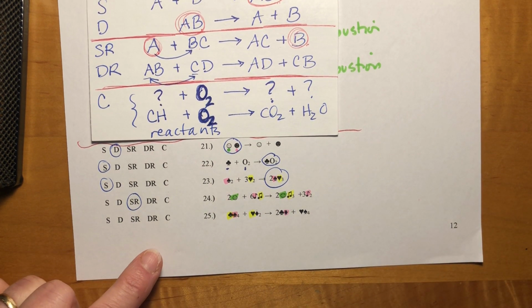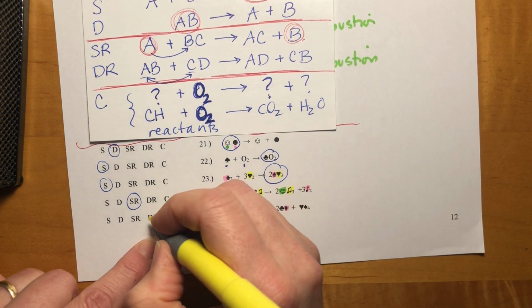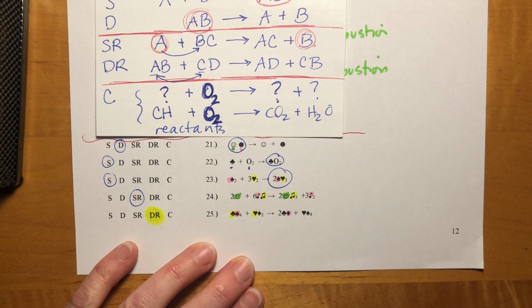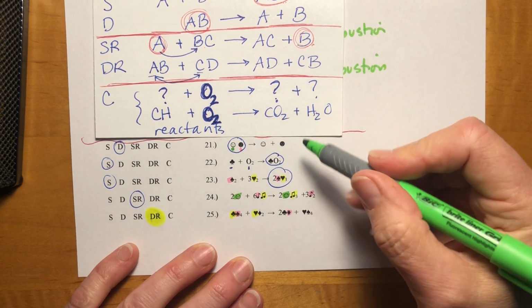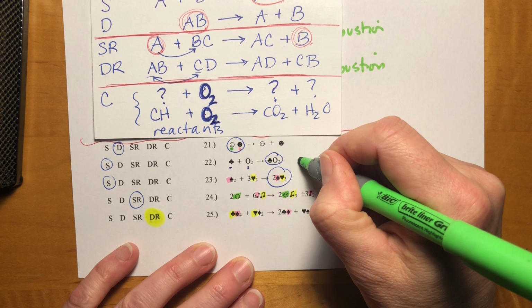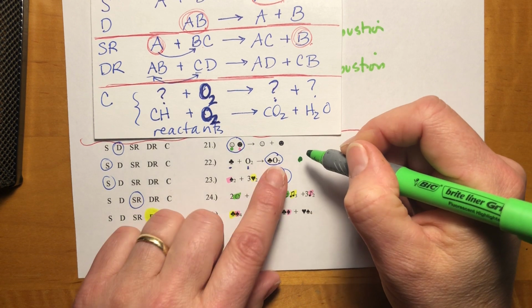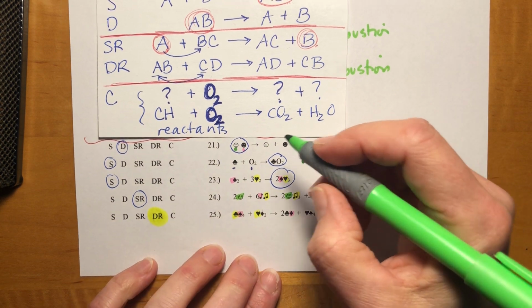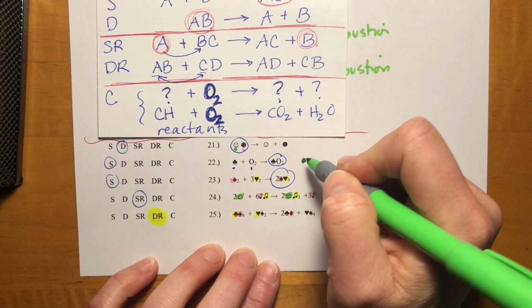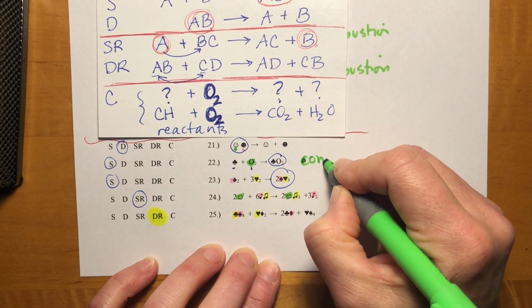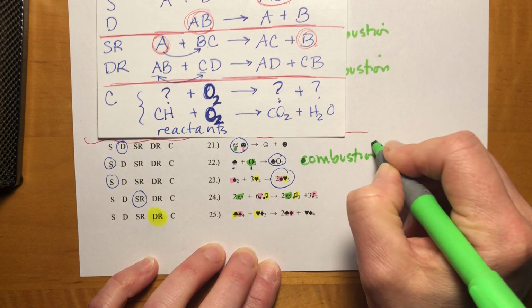So that one's a double replacement. And then the last thing I'm going to say, and maybe you already noticed this. Did anybody notice the situation for number 22 when I did it? Number 22, remember we said was a synthesis because you made just one thing. But number 22 is actually also a combustion because there's pure oxygen there. So we could also call that a combustion.